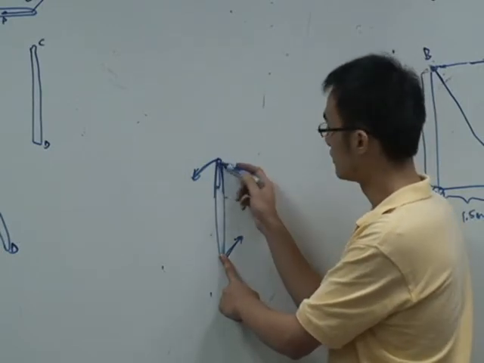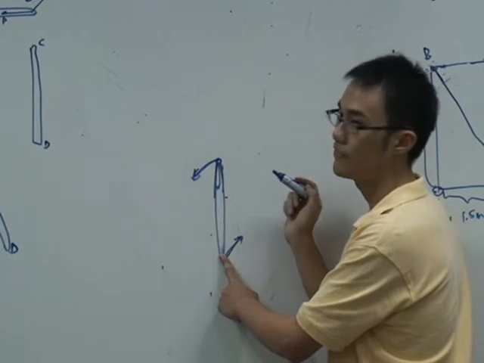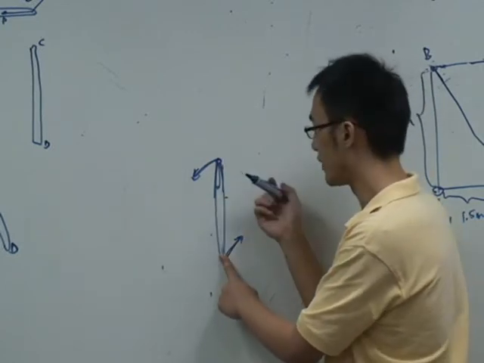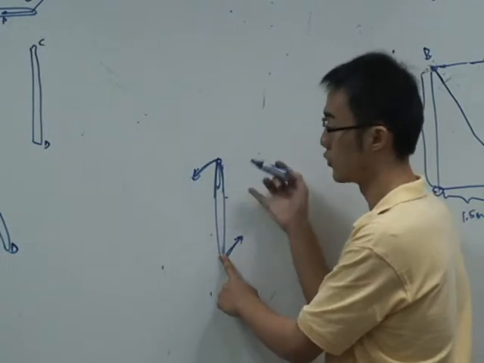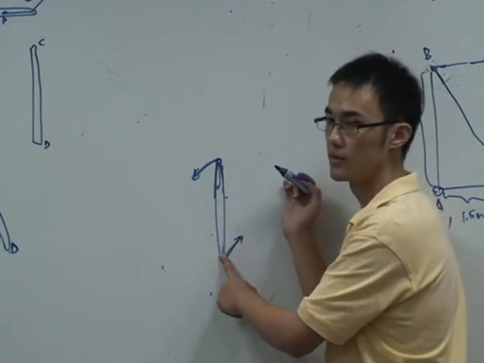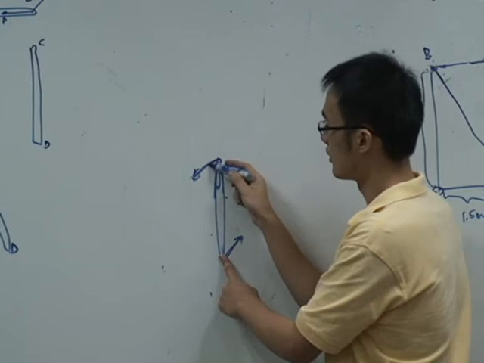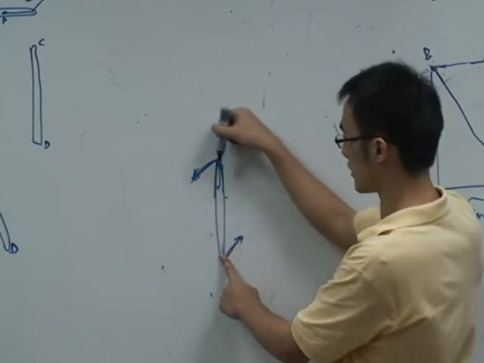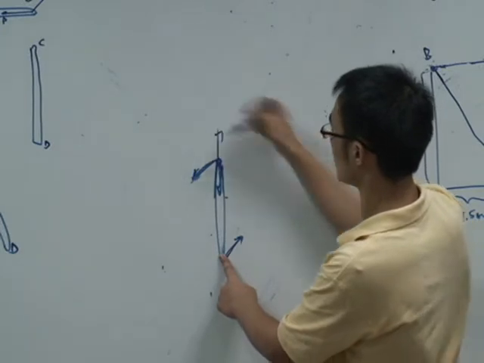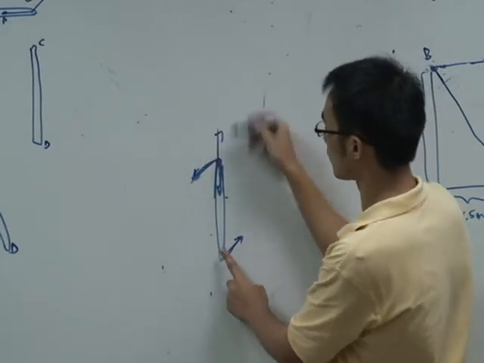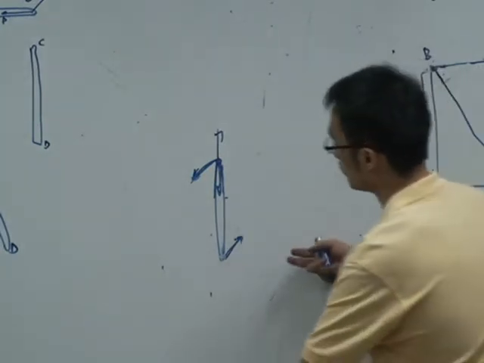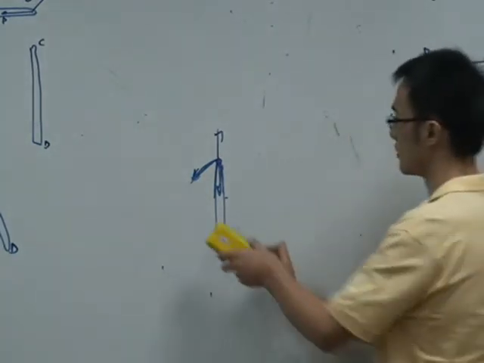The moment created by this one will make this member rotate, but in fact, the member will be in static equilibrium. Which means this force must not be in any direction other than this axial direction. Then this one will not create any moment. So that's why the whole member will be in static equilibrium.